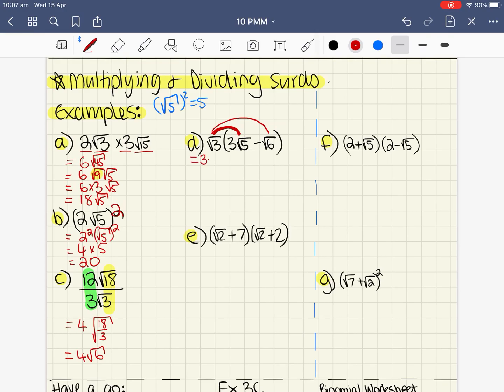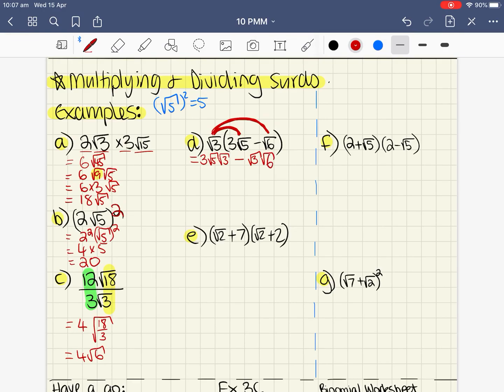So 3 root 5 root 3. I'm just going to put the root 3 at the end there, so it's easy for me to combine those surds later. We then have root 3 times negative root 6. So that's minus root 3 root 6.